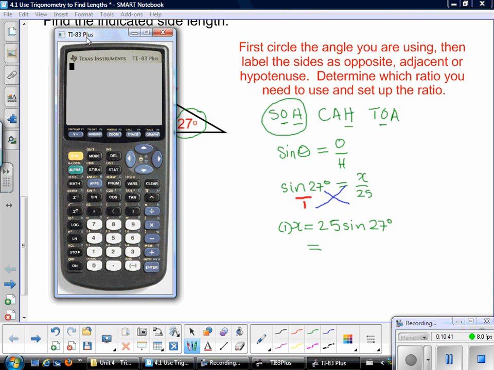So now I have this graphing calculator set to degrees. So I'm literally going to go 25 times, for this calculator, sine of 27. Now, some people's calculators work a little bit differently. You might have to do 25 times 27 sine. So please make sure you bring your calculator to class and you understand exactly how it does work. So I end up with 11.3.